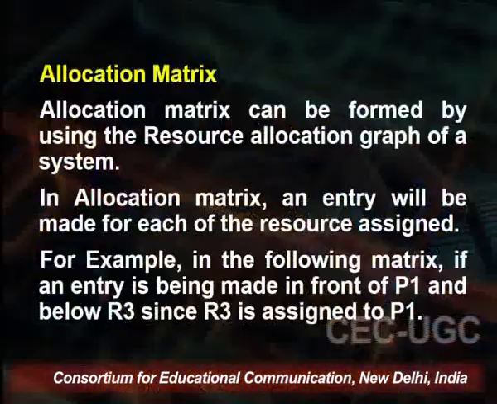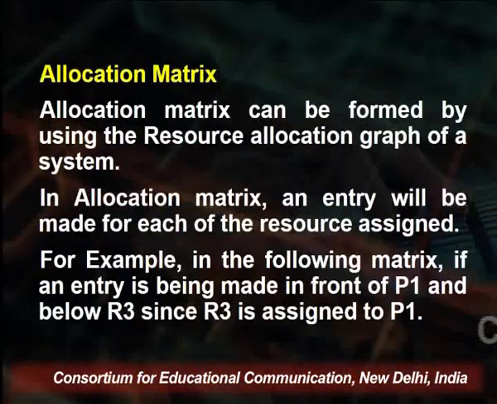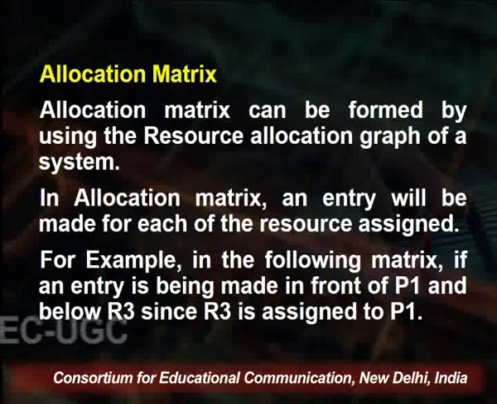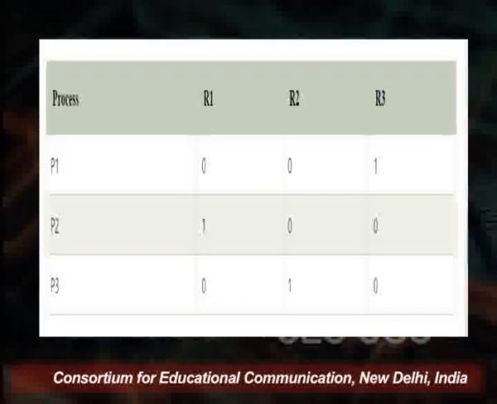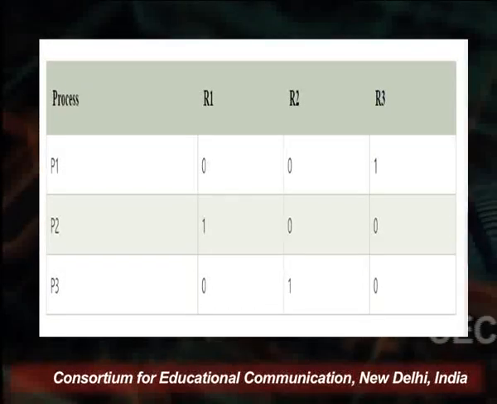For example, in the following matrix an entry is made in front of P1 and below R3. P1 is the row heading, and R1, R2, R3 are the column headings, representing resources. It is a binary matrix, having the values 0 and 1.